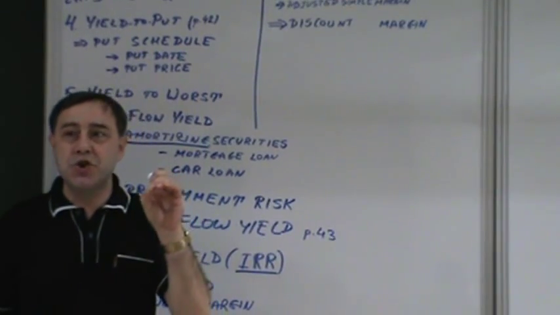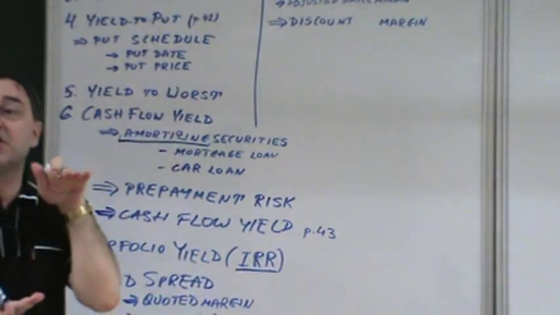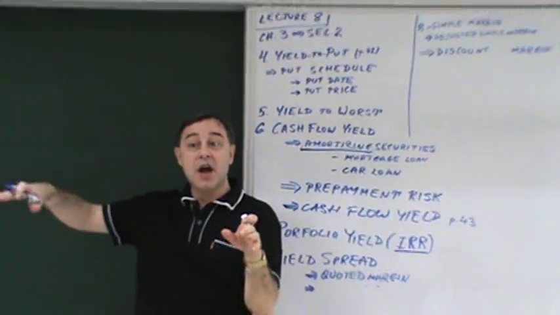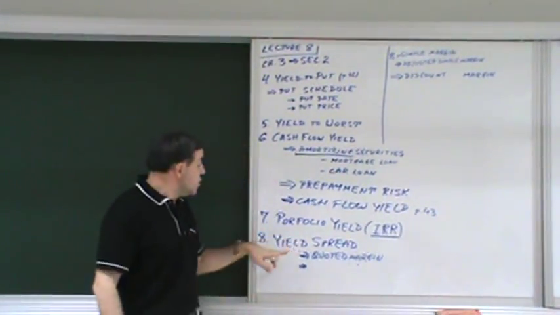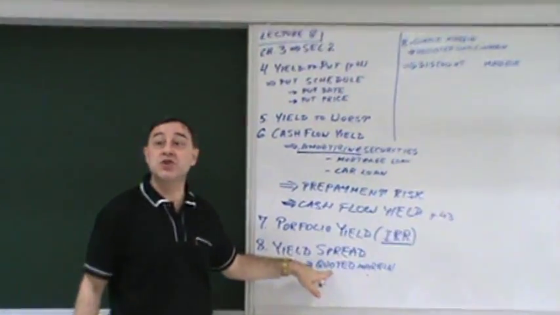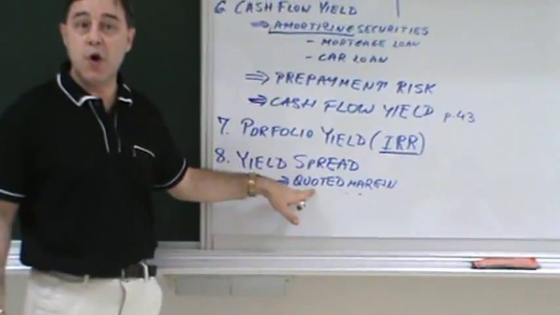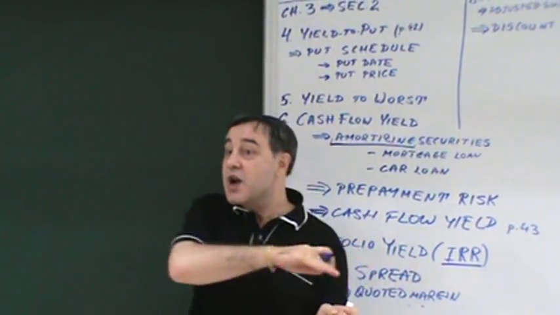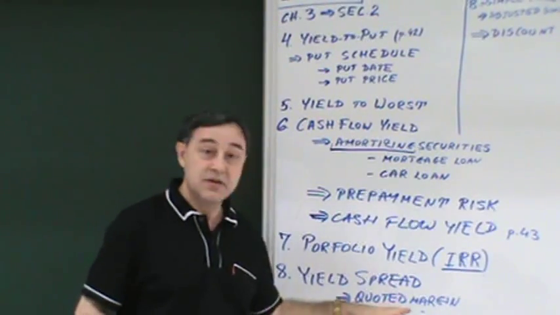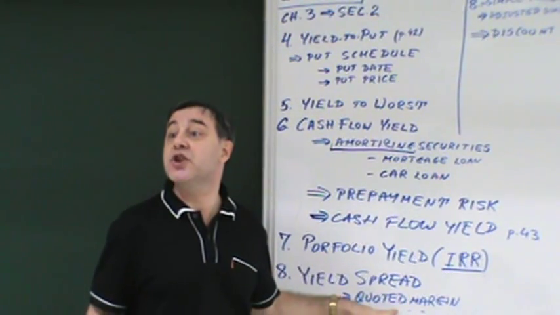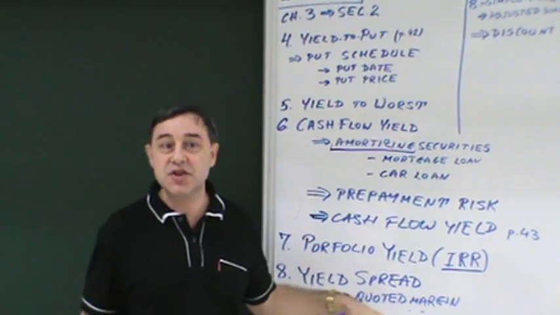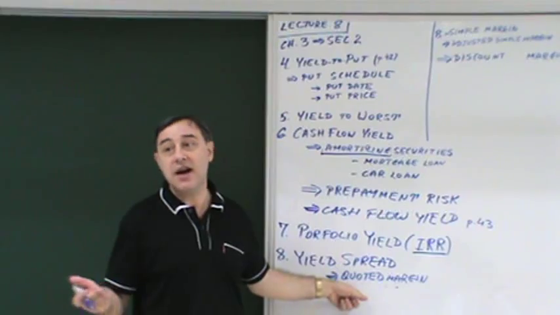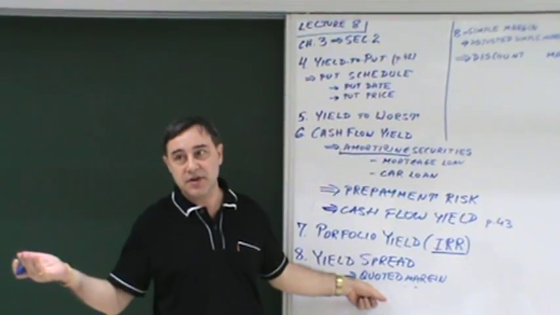You assume that the reference rate or the benchmark will remain constant. You already know that the quoted margin will also be constant. And based on the current price, with a constant reference rate and a quoted margin that never changes, you calculate the yield like any other yield to maturity.